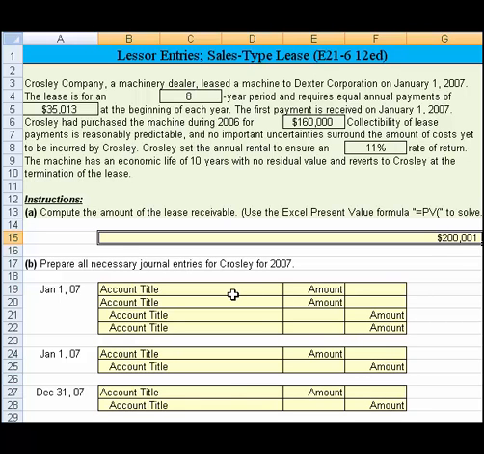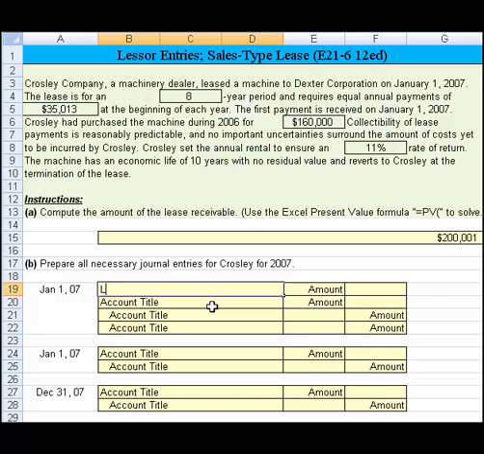Now we need to prepare all the necessary entries for Crosley in 2007. Now that we know the amount of the lease receivable, we can record the lease. Okay, now we're going to record what we sold the equipment for, right? It's essentially a sale, right?